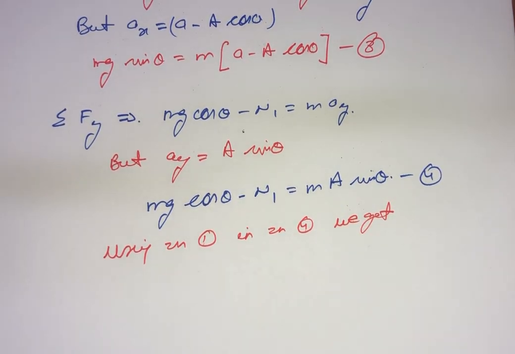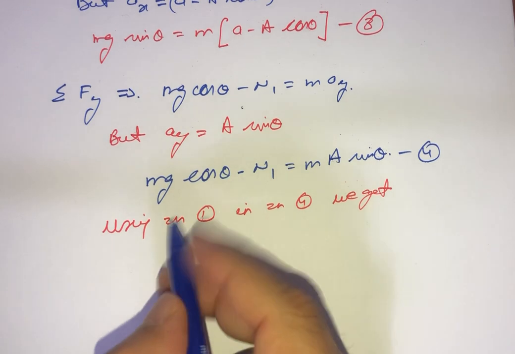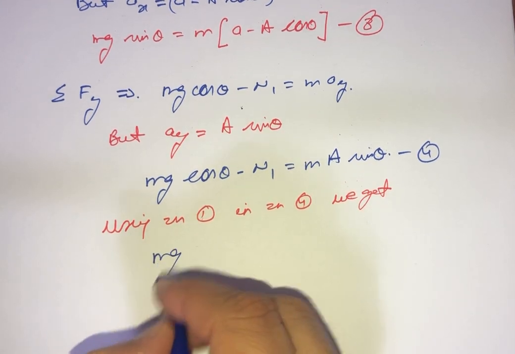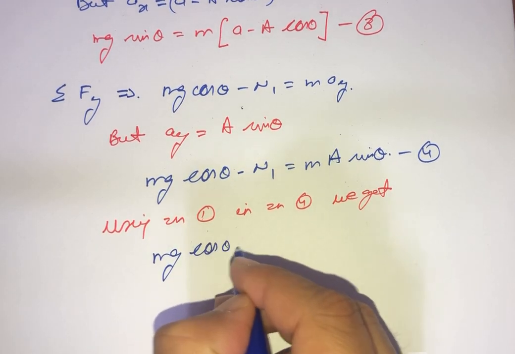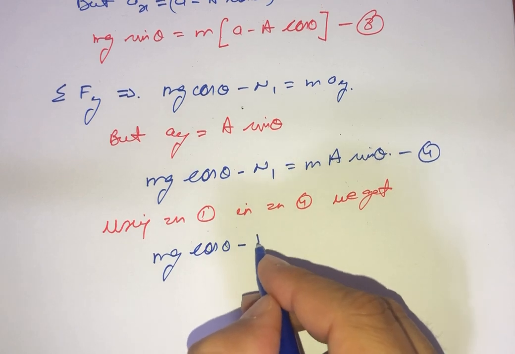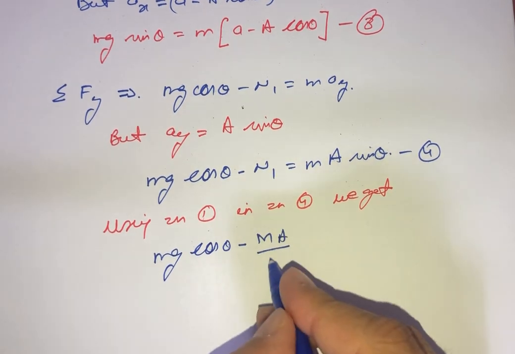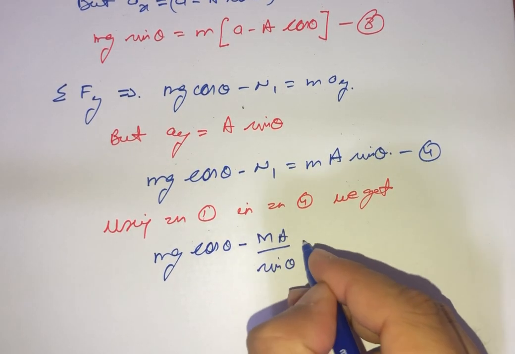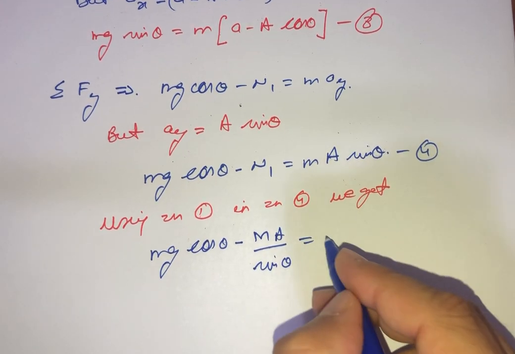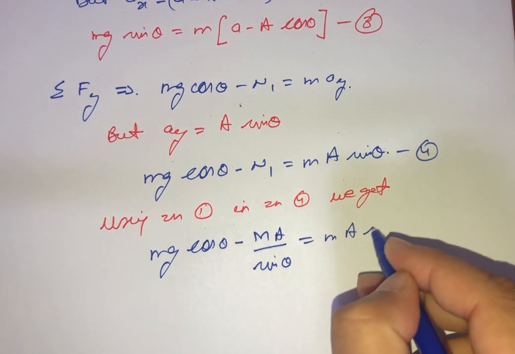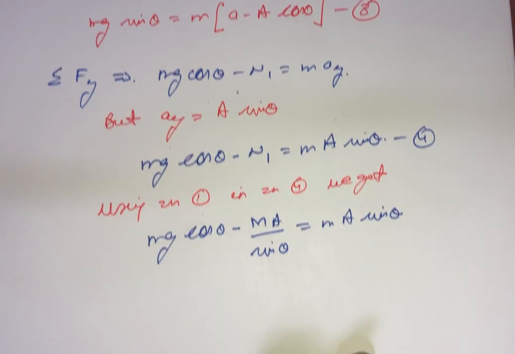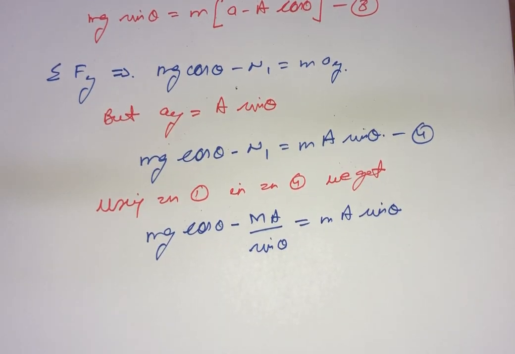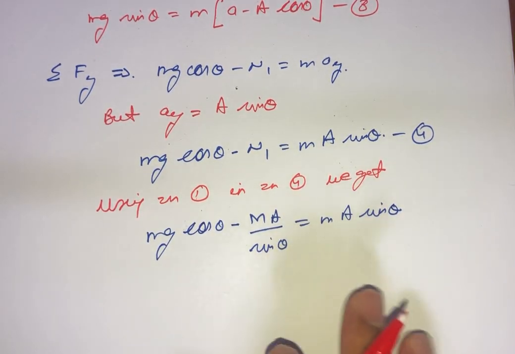So using equation 1 in equation 4, we get mg cos of theta minus ma sin of theta is equal to MA sin of theta. So we can further solve it.